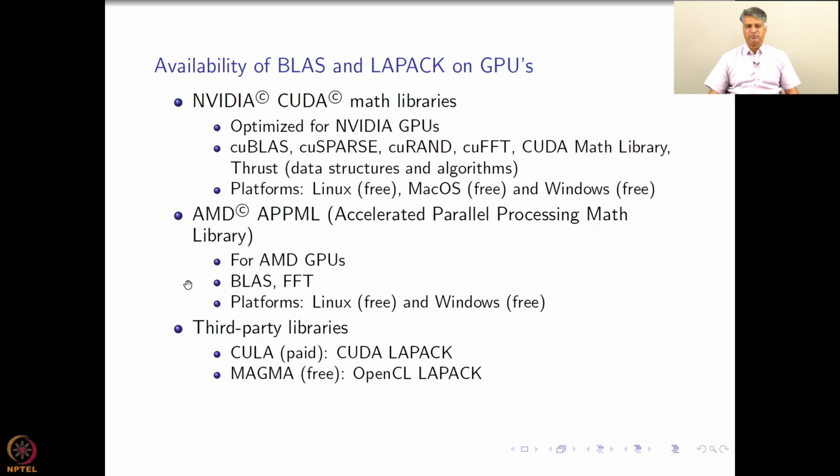This is for AMD GPUs. This is also based on BLAS and FFT, and it is offered on Linux platforms and Windows platforms for free. Then you have third-party libraries like CULA, which is paid, which is CUDA LAPACK, and MAGMA, which is free, which is based on OpenCL and uses LAPACK.